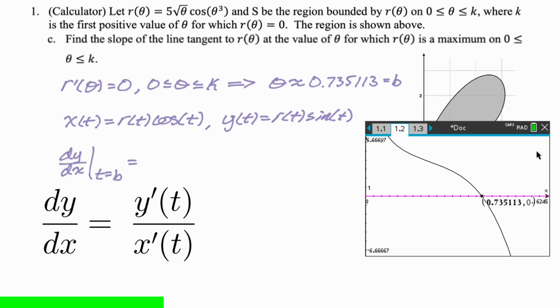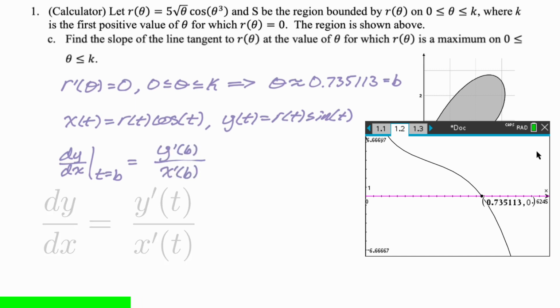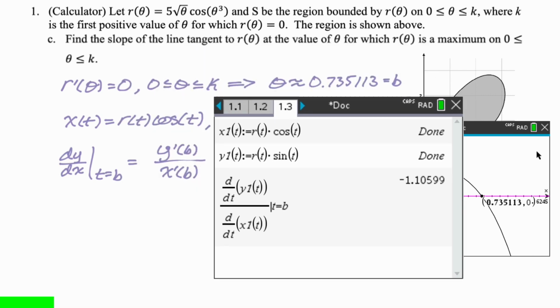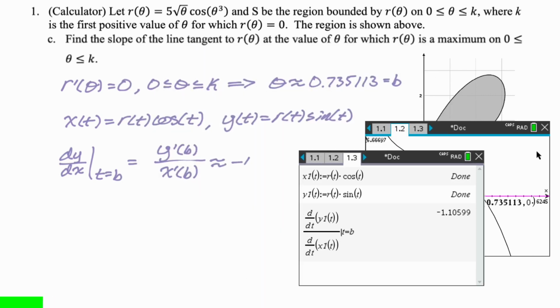But dy dx at t equals b is just going to be y prime of b over x prime of b. So here's a screenshot of what I did. I defined x, I defined y. I put a 1 with all of them because I don't like to define things as just x. That's more writing though. So if you choose to do it, just do it. And then I found the derivative. So I got that the value here is negative 1.106, and that's the entire problem.